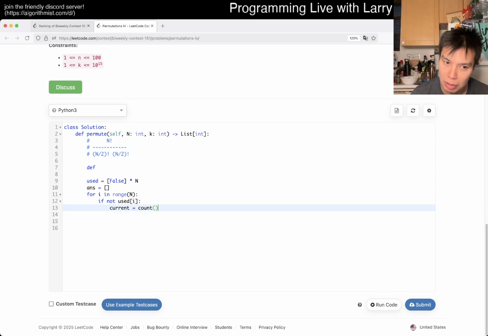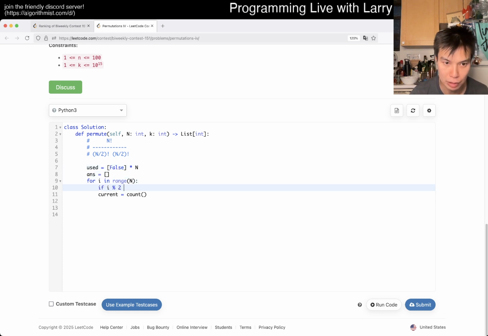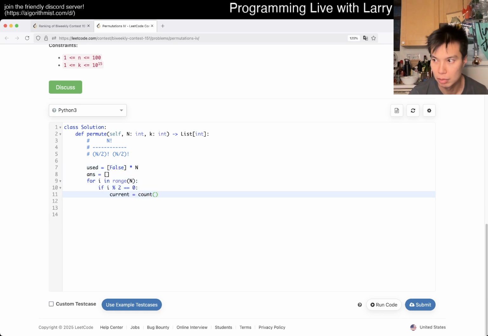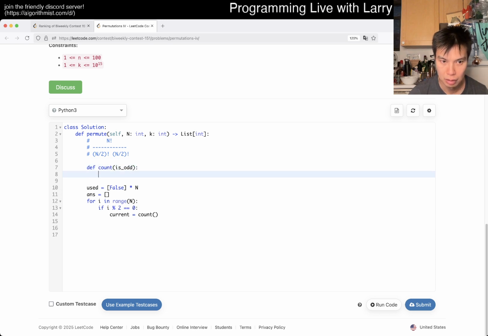Okay, so now, this is never going to be used. So then count. Right, so if i mod 2 is equal to 0, then we count where the next number has to be odd, right? So maybe something like this. So then this is true. We want to say used of i is equal to true.